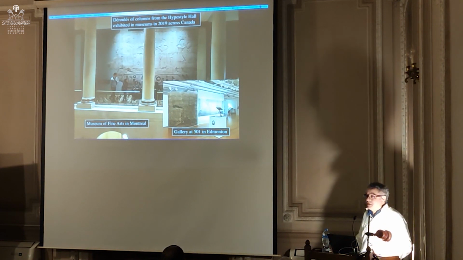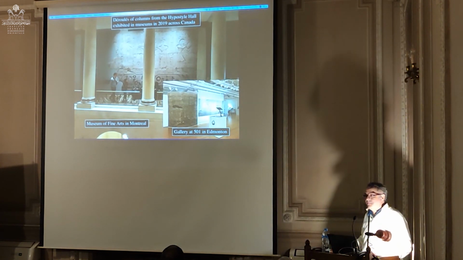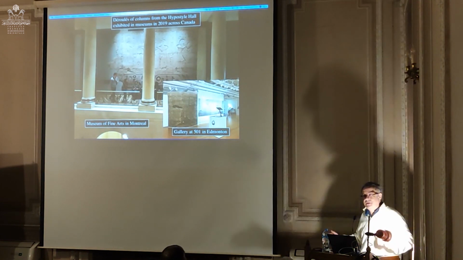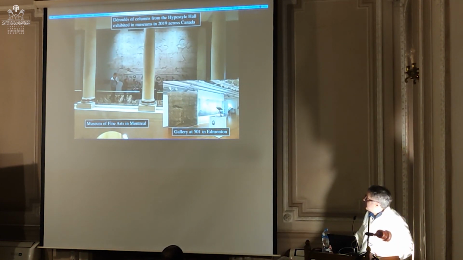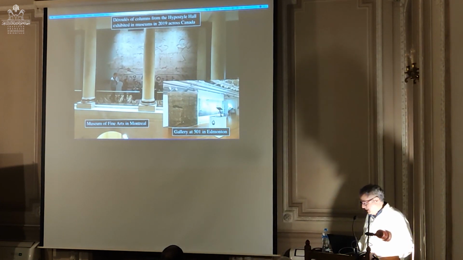Some of these déroulés are actually exhibited right now in Canada in the Montreal Museum of Fine Arts. As you go up the staircase on either side of the main hall, you have scaled reproductions of these déroulés, and also in Edmonton. So this is Owen Murray, who himself produced these déroulés.